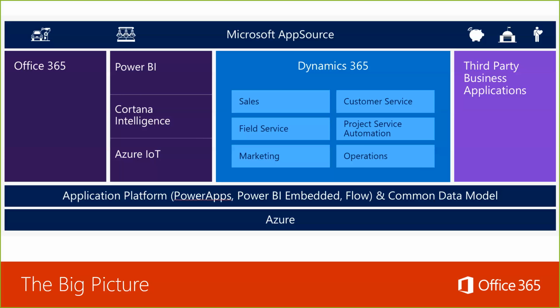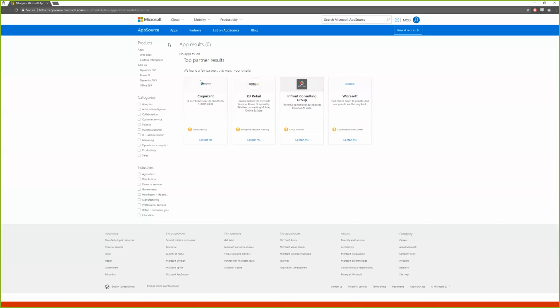So as a quick example, I just want to show you how it could look in your environment today. If you have explored your Office 365 Power Apps or Power BI application areas, you may have seen links to download additional applications. And this is kind of what I see when I go into the App Source area. And under here, there are several categories and industries.